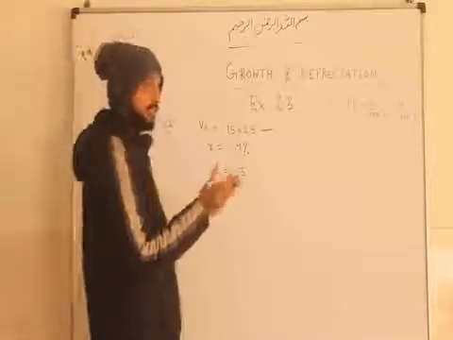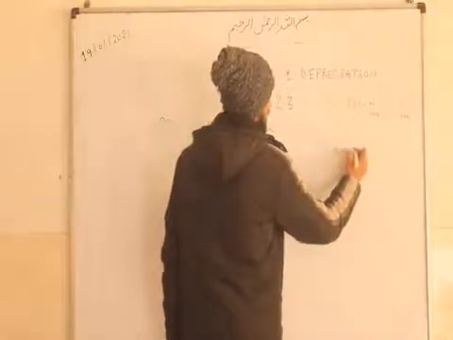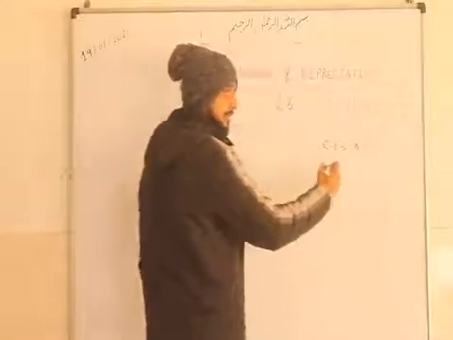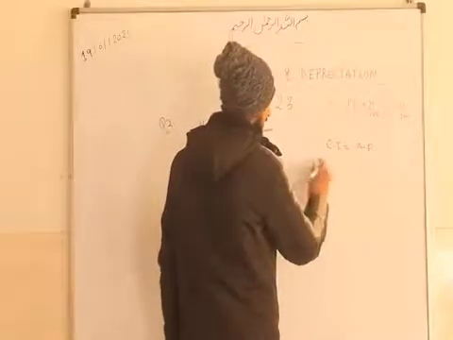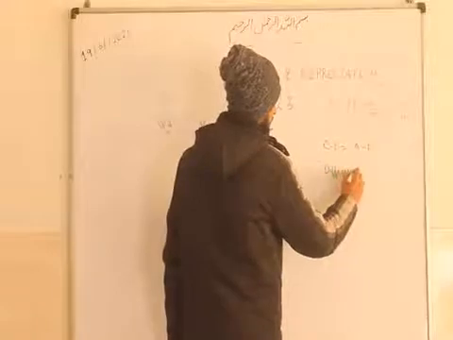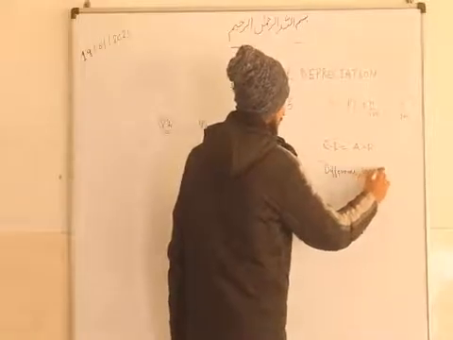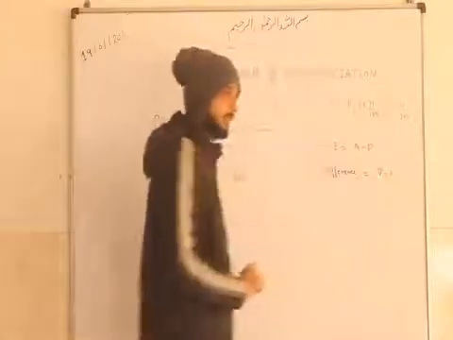That is equal to the compound interest. Compound interest was what? Amount minus principal. Okay, so that is the difference in the values. We can write it like this: difference equals V minus V naught.